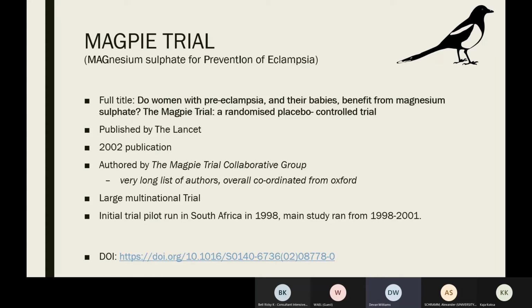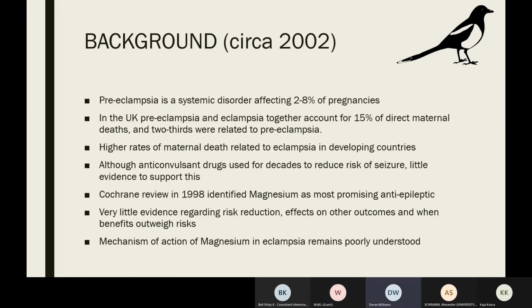Just to give you an idea of how many centres were involved, this is the list of authors on the paper, so it's very, very large. So a bit of background, and I've tried to do this from a 2002 perspective.